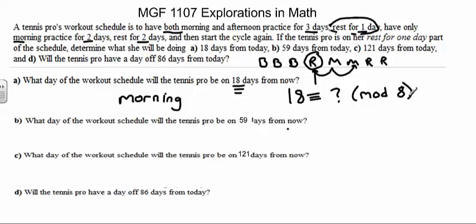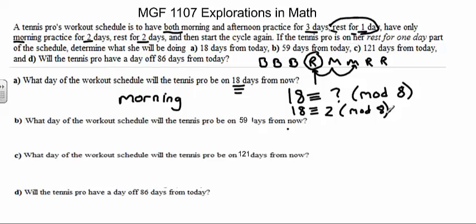So we say that 18 is congruent to 2 mod 8. So again, 18 is congruent to 2 mod 8 because 2 is the remainder when we take 18 and divide it by 8. So 2 days from the current day, which is the single day of rest, would give us the morning practice day.